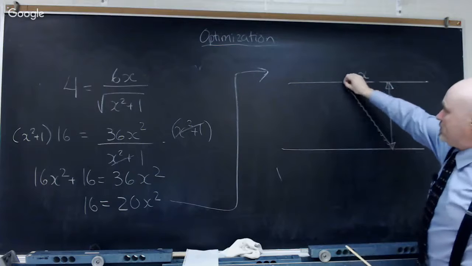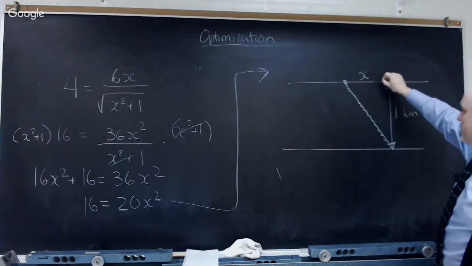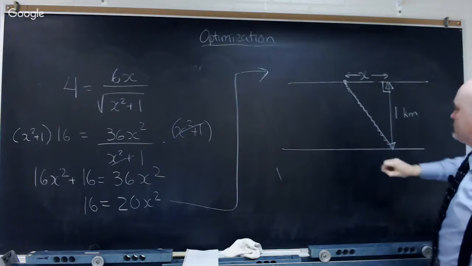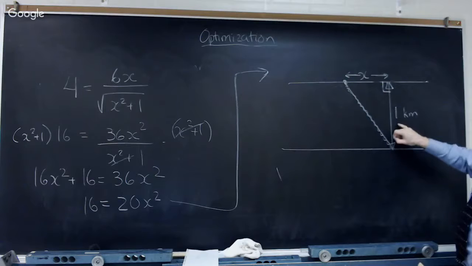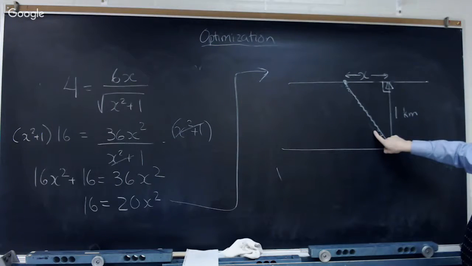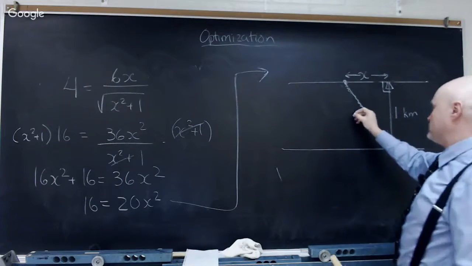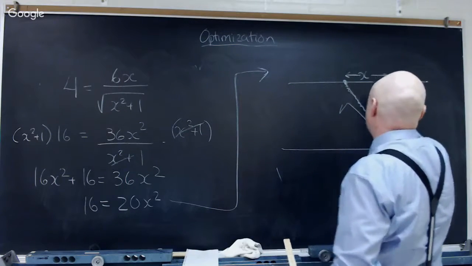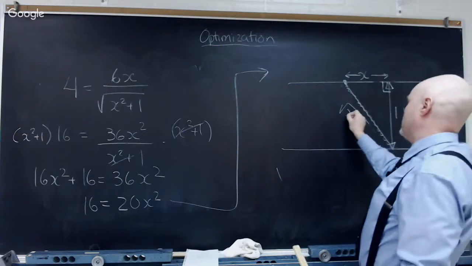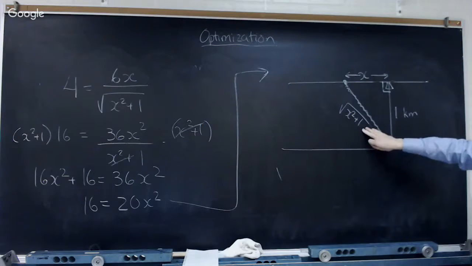We're going X kilometers away from this perpendicular point right there. And so the actual distance of the pipeline across the river, this hypotenuse, is the square root of the squares of the other side. So that's where that came from.